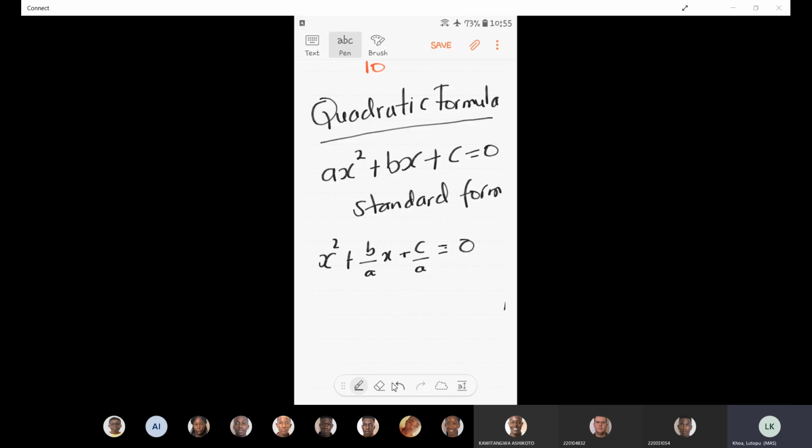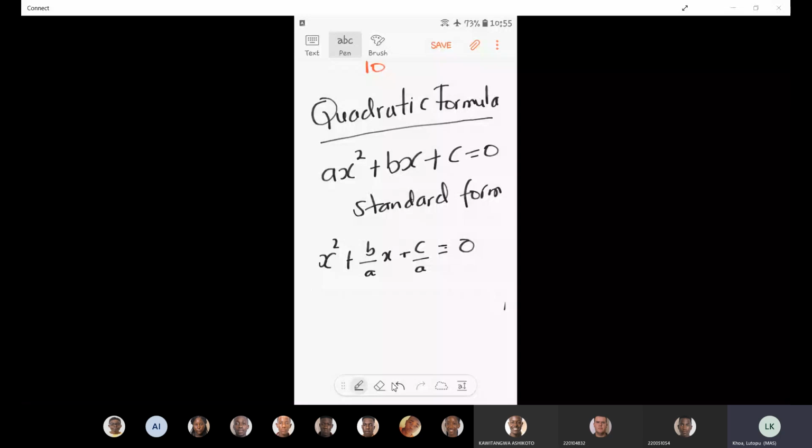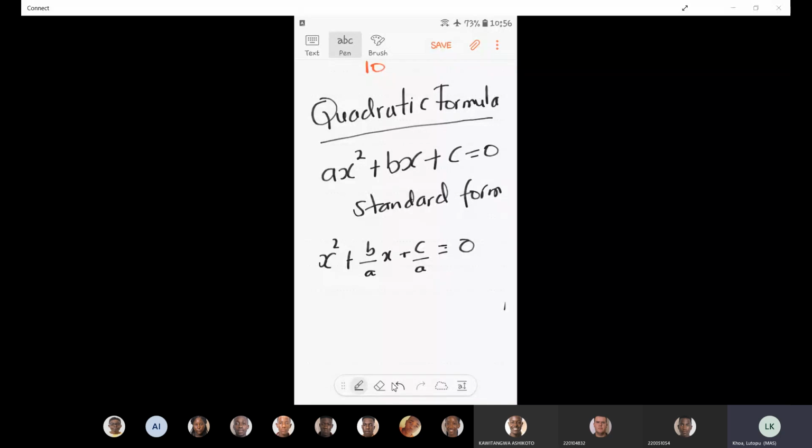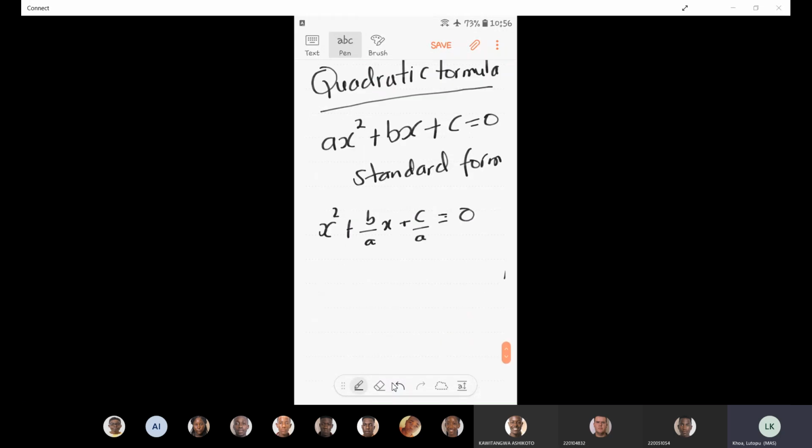Then, if you remember what we did when we were completing the square, we said when we want to complete the square, the middle term will be half of the square root of the constant. I hope I'm saying that right, but you remember how we did it.